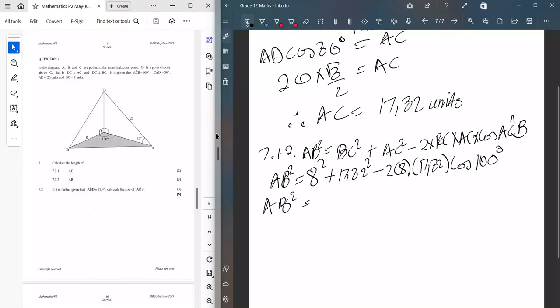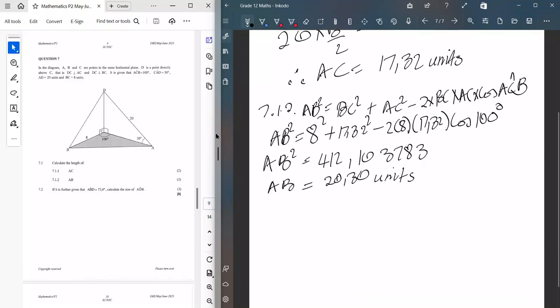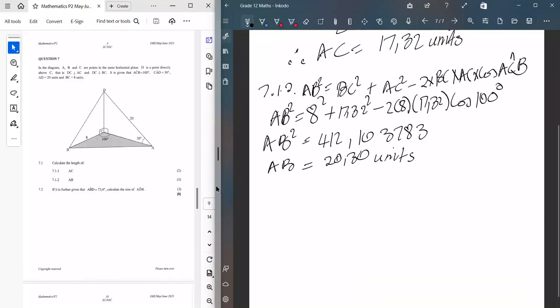AB squared is 412,10,3783. Now find the square root of this. The square root of our answer is 20,30. So this is 20,30 units. We found AB, and we have all our marks.